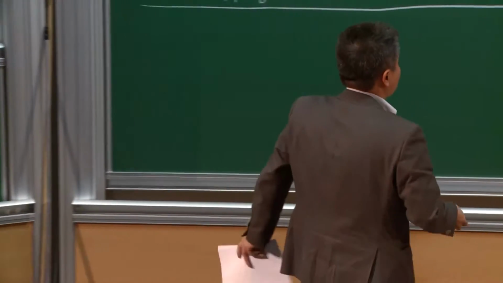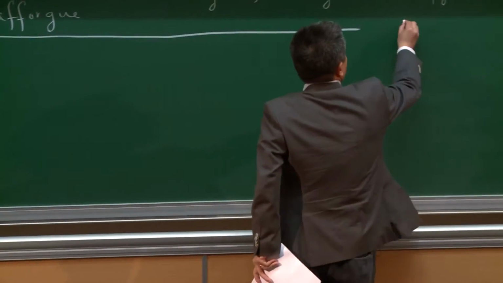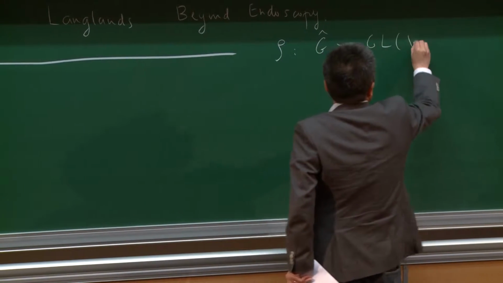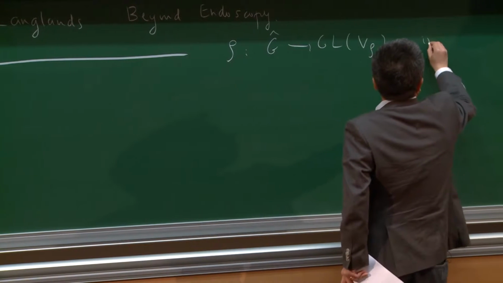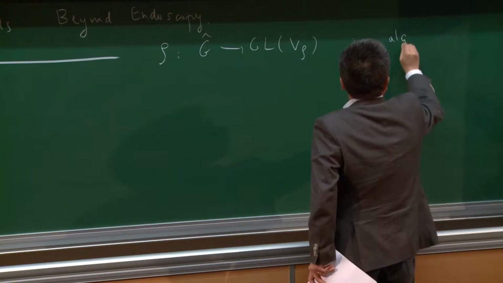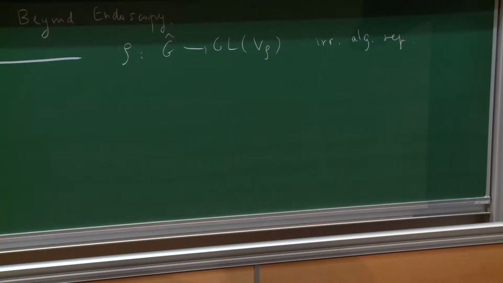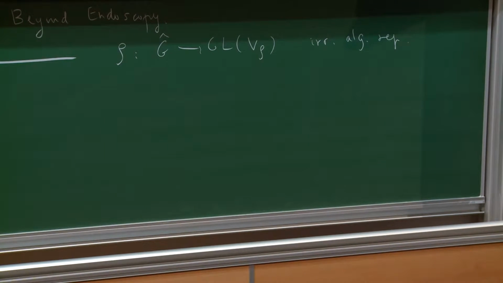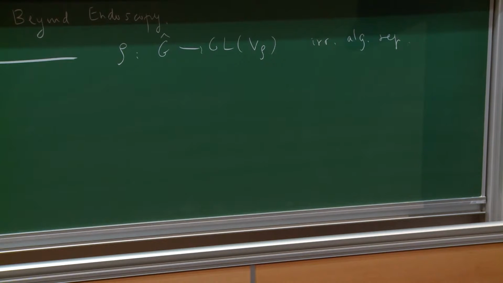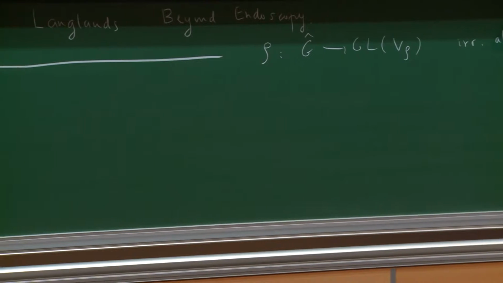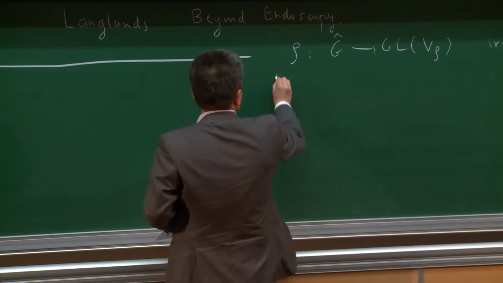So let rho be an irreducible algebraic representation of the dual group. Then, following Langlands, one can define the L factors.